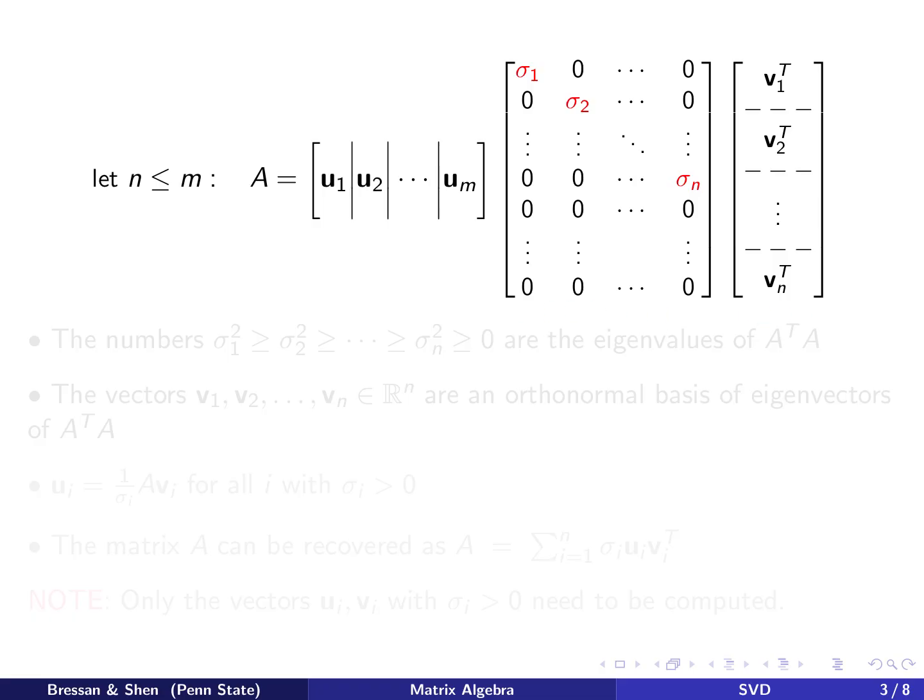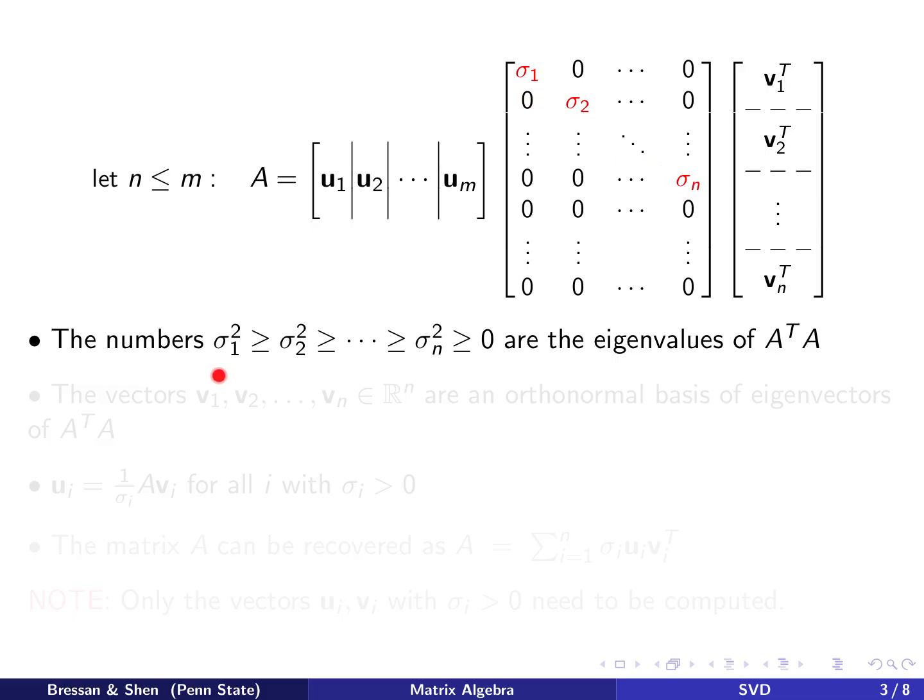Here we take an example where n is less than m, meaning the number of columns is fewer than the number of rows. In this representation, if you take the squares of the sigmas, sigma 1 squared, sigma 2 squared, they are still sorted from large to small.